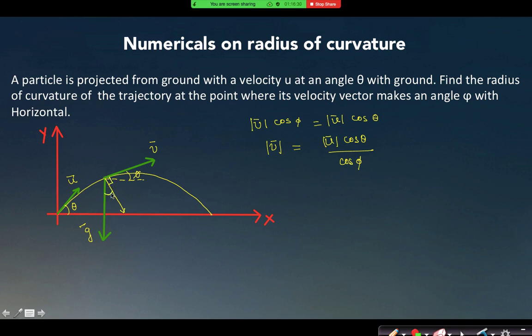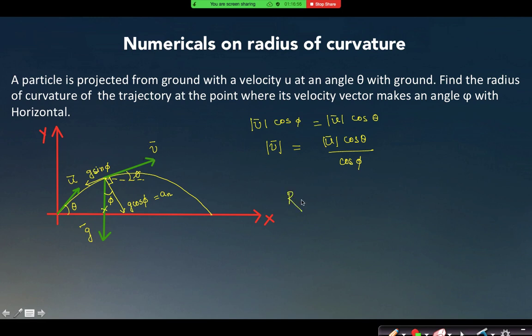This is phi, so the perpendicular component is g cos phi. That is the normal acceleration. And what is this g sin phi doing? Yes, it is the tangential acceleration. It is changing the magnitude of the velocity.